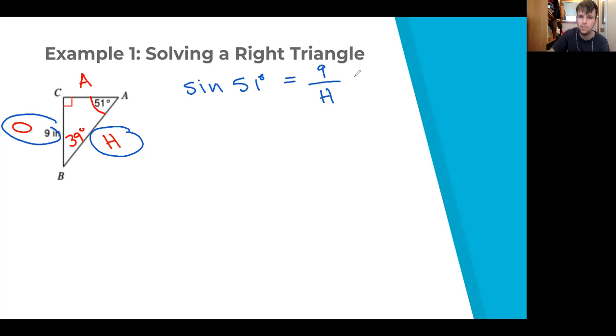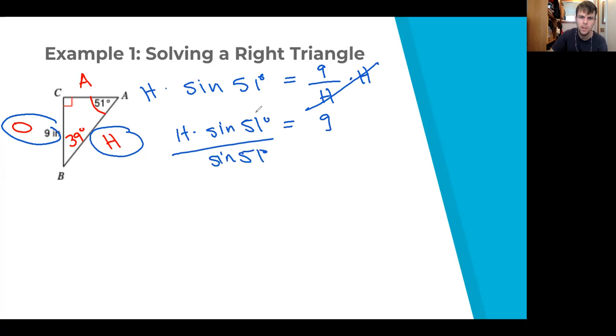And I can go ahead and solve this really quickly. Multiply by h on both sides. I'm going to get h times sine of 51 equals 9, and then I need to divide both sides by the sine of 51 degrees. I want to keep this sort of exact until I reach the end here, and now perform this calculation to figure out what h is equal to.